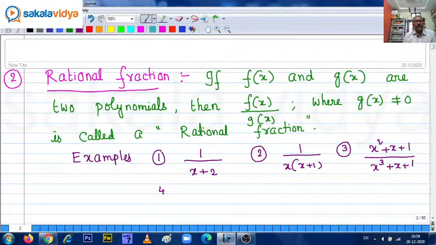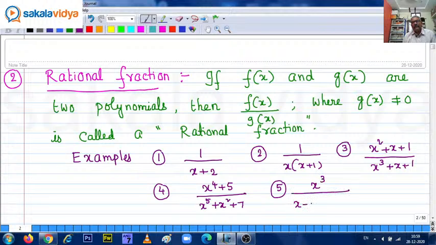And next, x to the power of 4 plus 5 by x to the power of 5 plus x square plus 7. You may take another example also, x cube by x minus a, x minus b into x minus c. So these are the examples for the rational fractions.